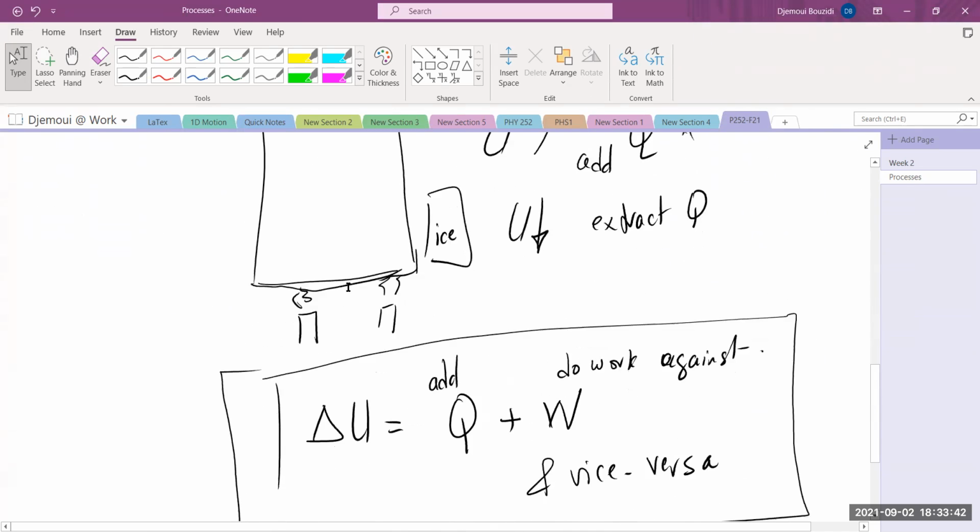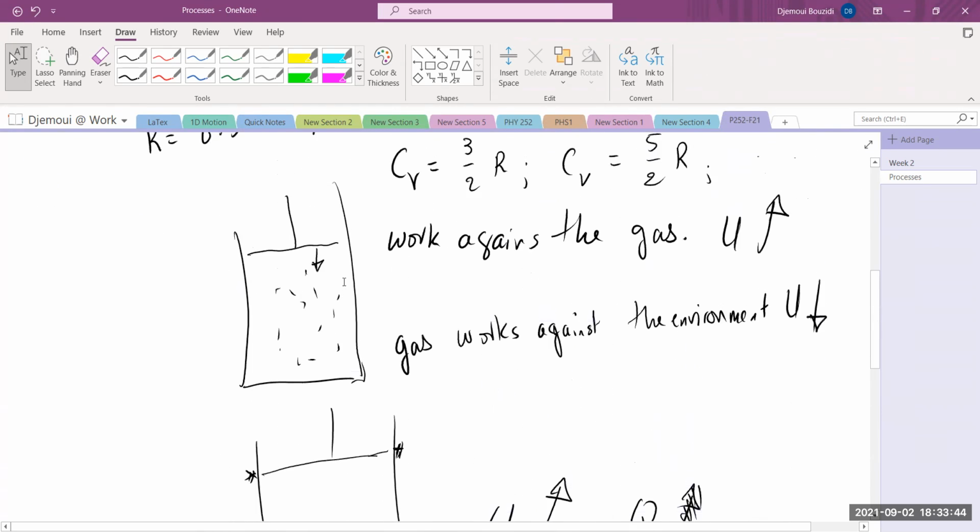Now, the work is force times displacement, if you guys remember. Force times distance.